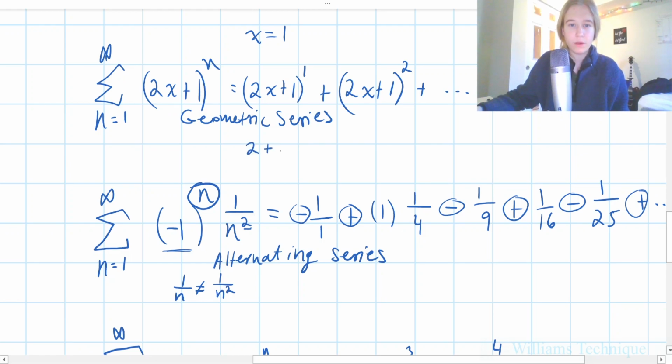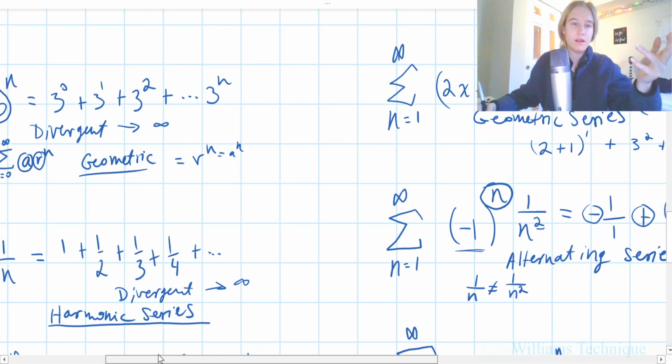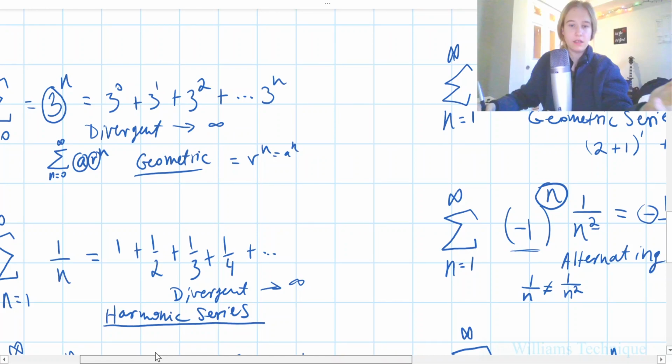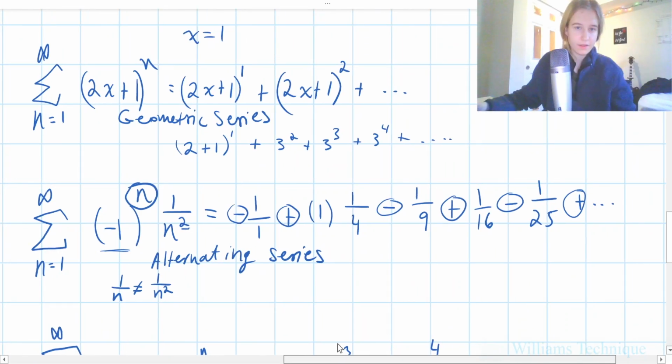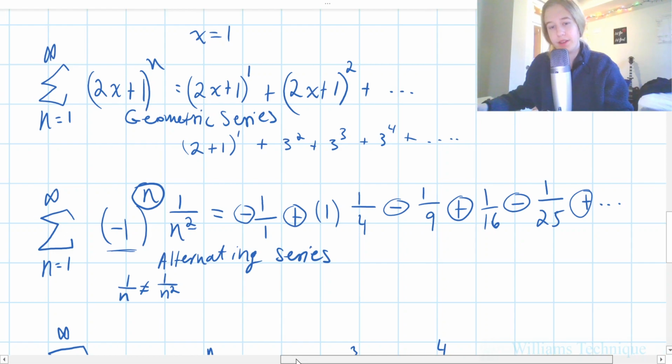If we just plug in x equals 1, we're going to get 2 plus 1, which is 3, plus 3 squared, plus 3 cubed, plus 3 to the 4, and so on and so forth. And this is very eerily similar to our very first example of our geometric series over here.